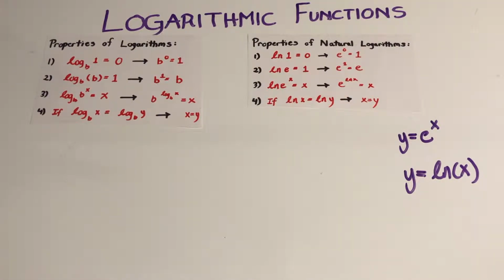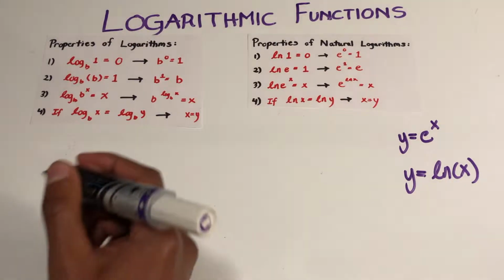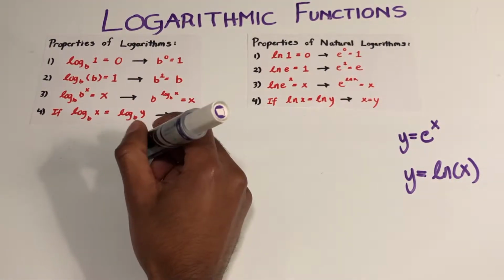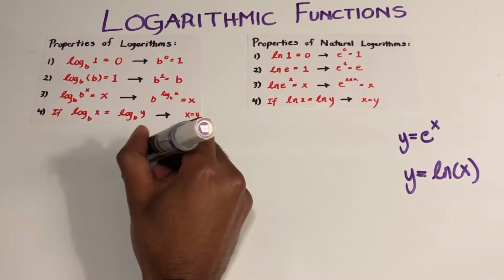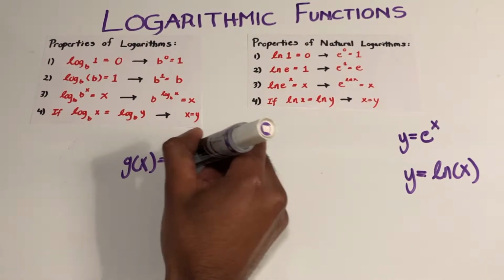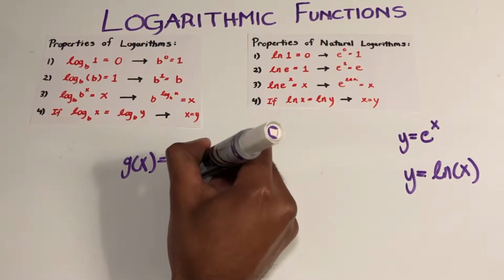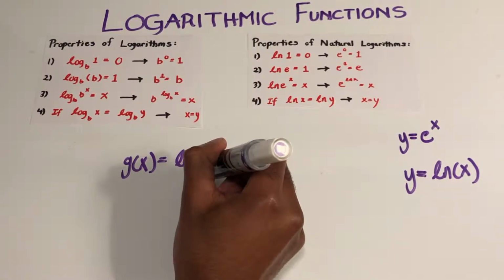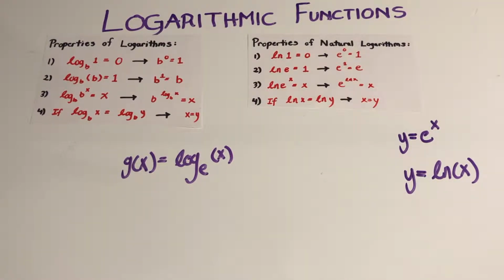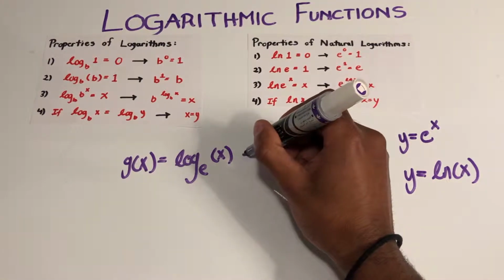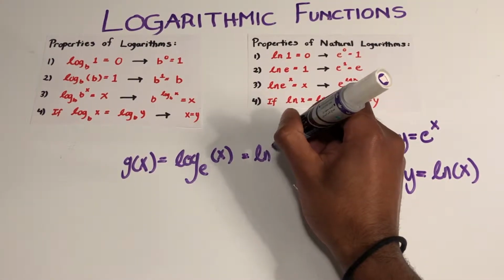Throughout this video, we're going to use the log of x and the natural log of x interchangeably. And the relationship between them exists right here. So let's say I have a function g of x equal to the log base e of x. Now this function is equal to the natural log of x.